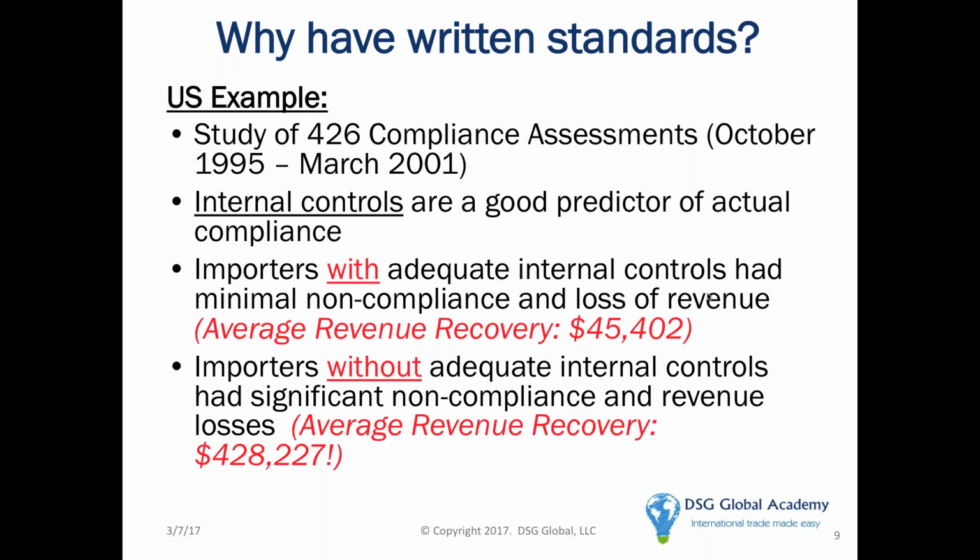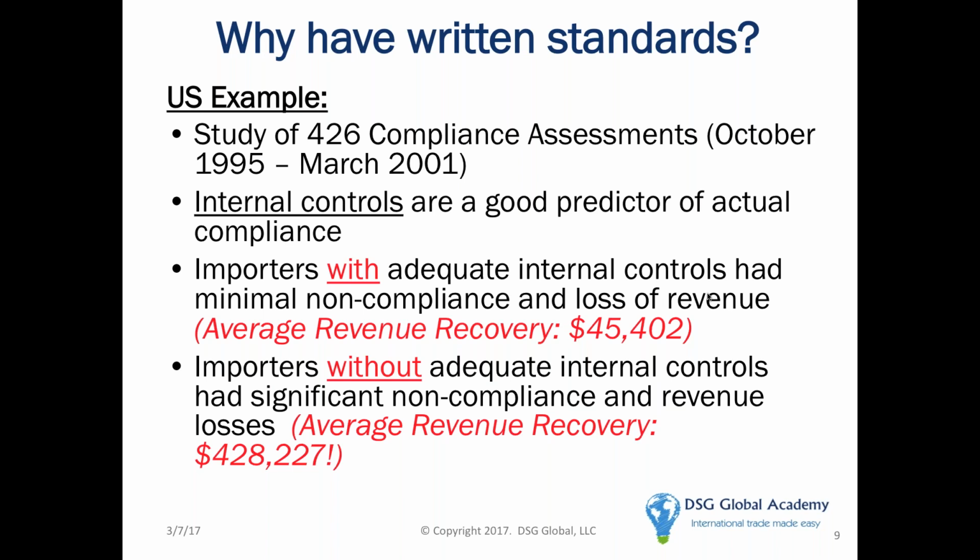Let me just tell you what internal controls means. Internal controls means having procedures, personnel, training, and a good culture of compliance, right? Management support. And they found out that internal controls was a good predictor of customs compliance.